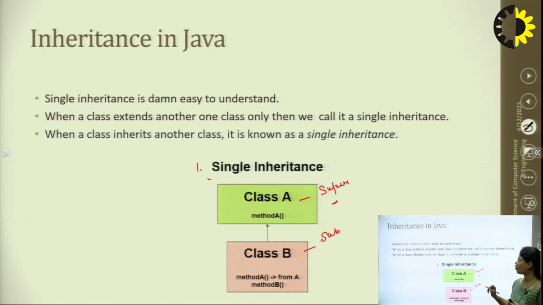Class B is extending class A. A class is extending another class, so it is only single inheritance. Whatever method is in class A will be inherited in class B.